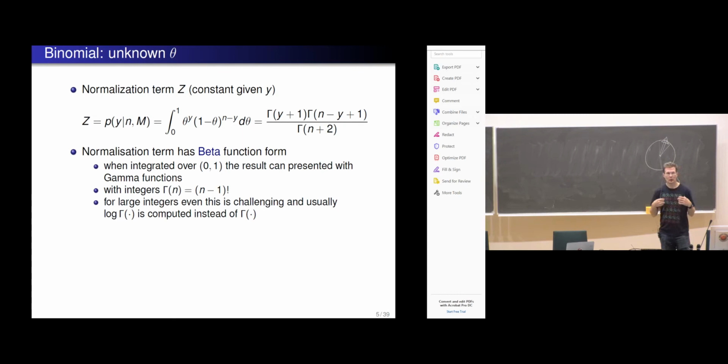Even then, computers have a limited range of numbers that can be accurately presented, and so usually log gamma terms are computed when we have large integers. Each of these gamma terms is big, but we are dividing a big gamma term with another big gamma term, so usually this ratio is not that big.